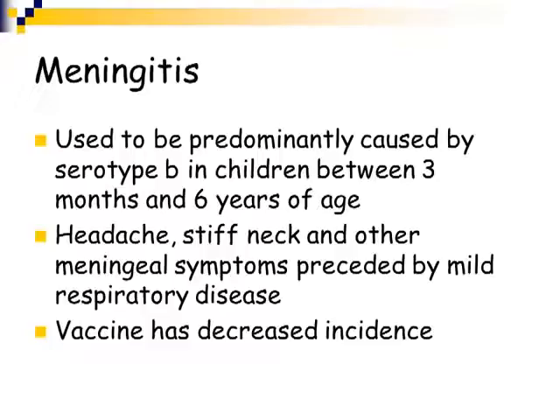Usually this occurred after a child was developing mild respiratory symptoms, runny nose and sniffling, and then all of a sudden the headache, stiff neck, and meningitis. The vaccination, though, has decreased the incidence of meningitis due to Haemophilus influenzae type B.